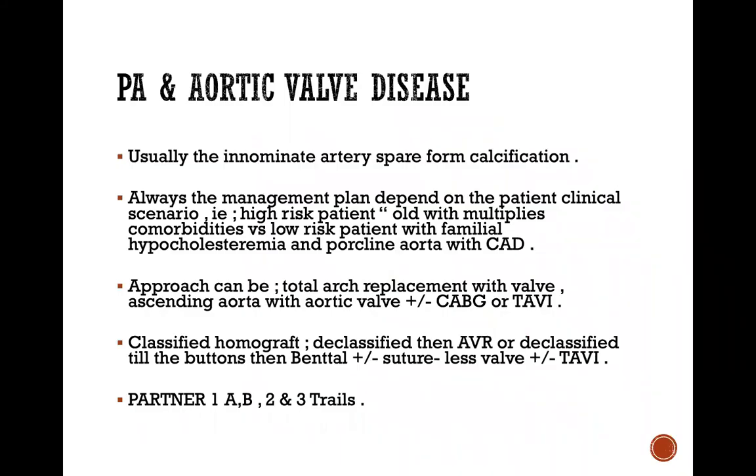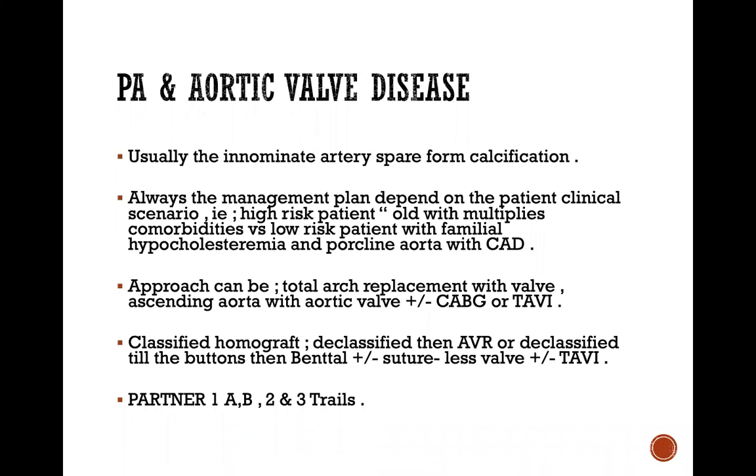Now let's speak about atherosclerosis or porcelain aorta and aortic valve disease. Usually keep in mind that the innominate artery is spared from calcification and can be a good site for cannulation. The management plan always depends on the patient's clinical scenario: a high-risk patient, old with multiple comorbidities, versus a low-risk patient with familial hypercholesterolemia and porcelain aorta with coronary artery disease.